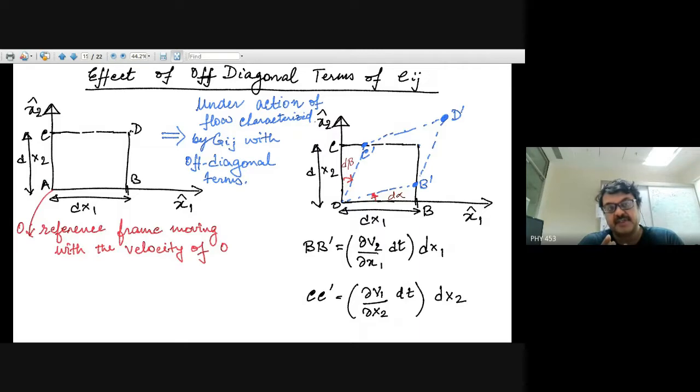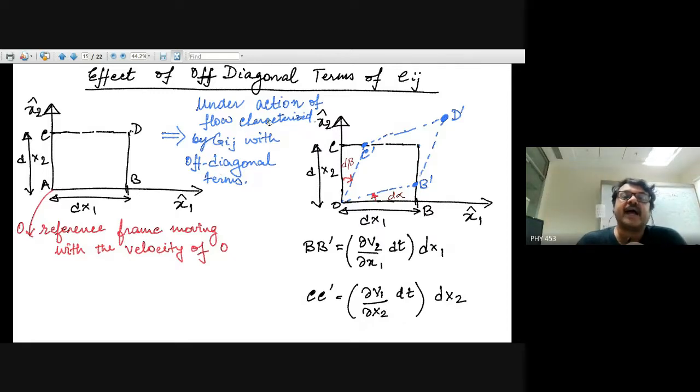Suppose for this fluid element you have chosen an axis so that this origin is moving with the same velocity as the velocity of O, so that after time dt this position hasn't changed as a consequence of the velocity gradient tensor. So the origin of the reference frame is moving exactly with the velocity of O, so that is always stationary.